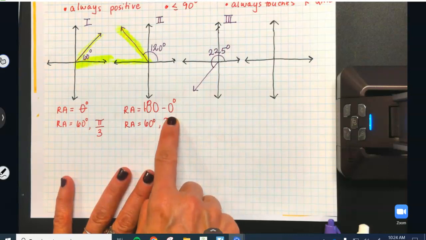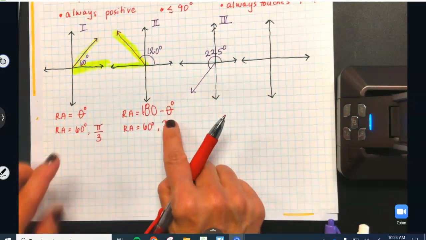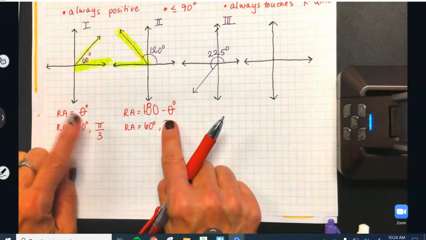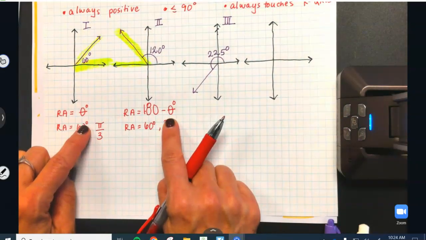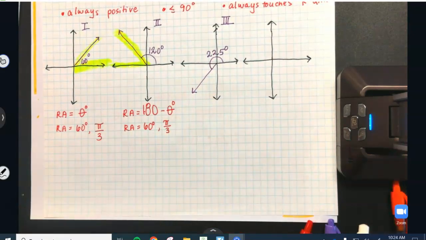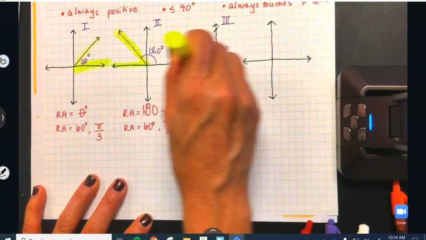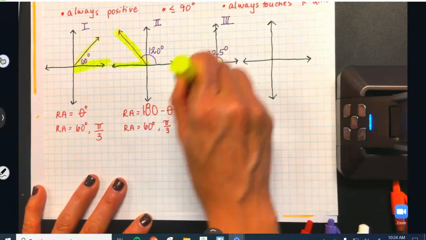Oh, look, that is not supposed to be a 0. I forgot to draw my line through theta. Make sure you have theta symbols right here. I'm sorry. All right. Now remember, it touches the x-axis, has to be less than 90 degrees. I can't draw it on this side because it would be over 90 degrees. So it's right here.